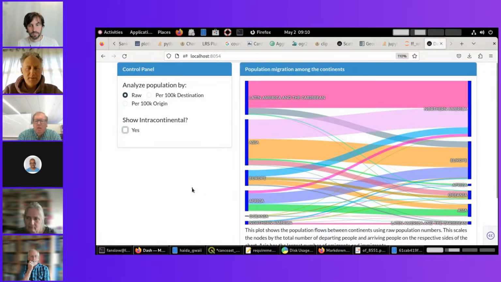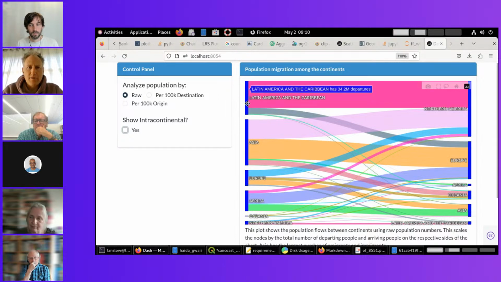So this is what I did, and the interactivity I added was basically how the population, or the numbers of migrants, are presented. I have options, which is shown here for just raw, so scaled by the raw numbers.